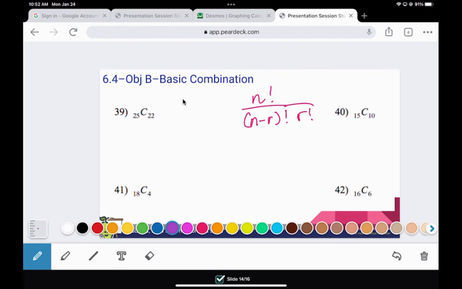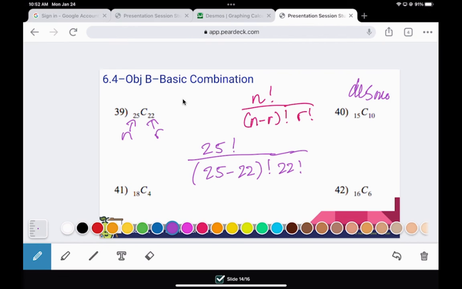This is the basic one. So n, this is r. So 25 factorial over 25 minus 22 factorial, 22 factorial. I showed you how to use the decimal. Type it exactly the way you see it. That will spit out the answer for you.